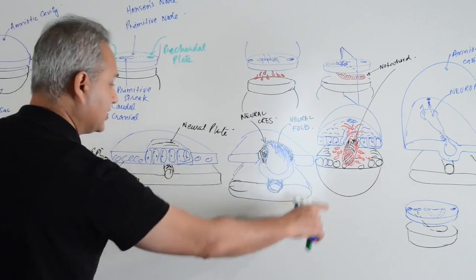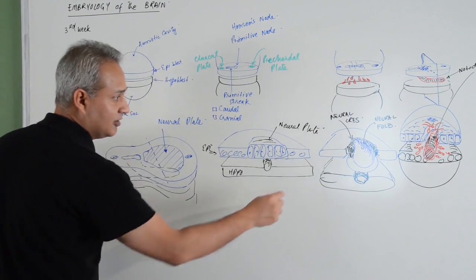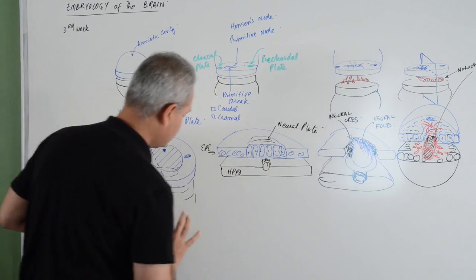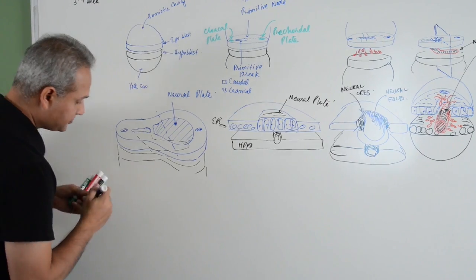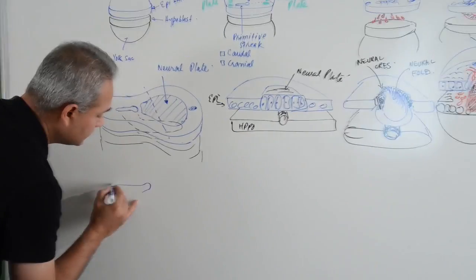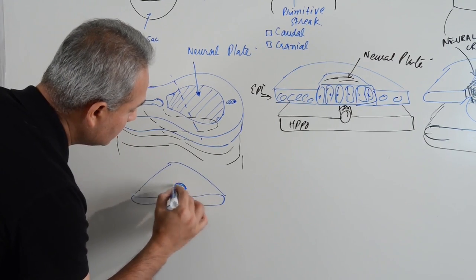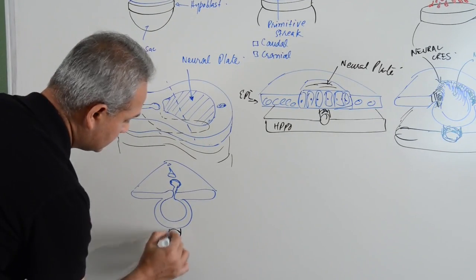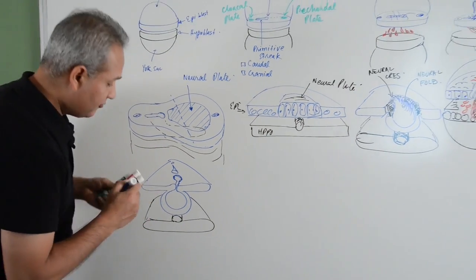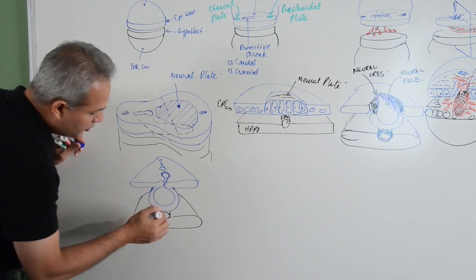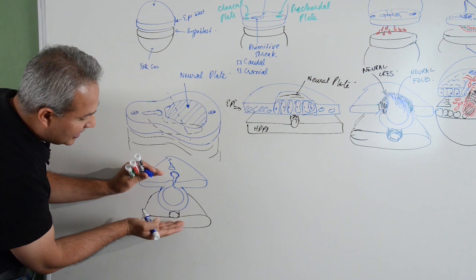Okay, let's continue developing here. So now it's very simple and very fast. What we need to do is make the tube. So I'm going to make this view here. So now if you see here, what has happened is that the neural plate has sunk downwards between the epiblast and the hypoblast.